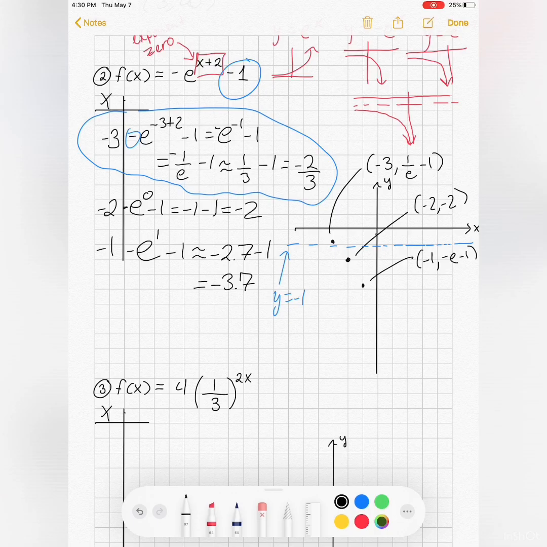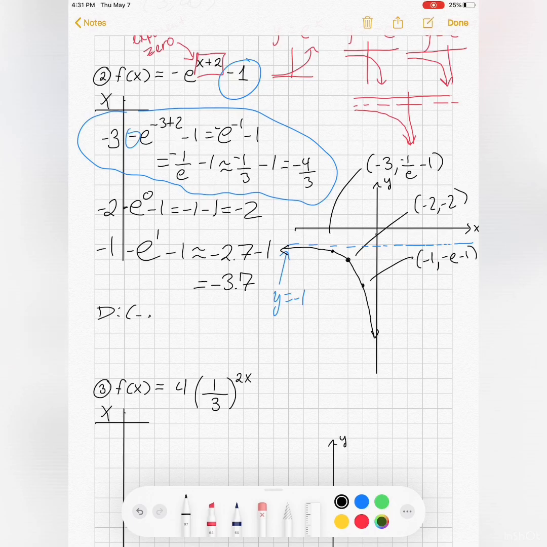This should be negative, negative, negative. Okay, so I have -1/3 minus 1. It's actually -4/3. -1 1/3. All right, that looks better. Looks something like that.